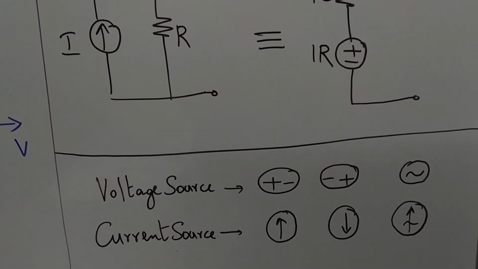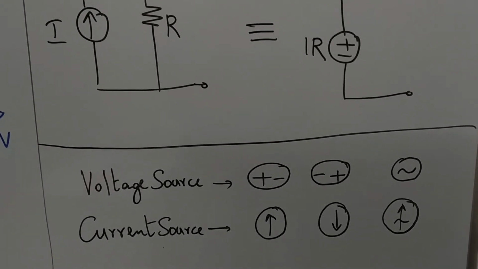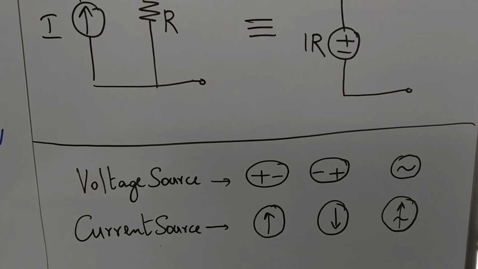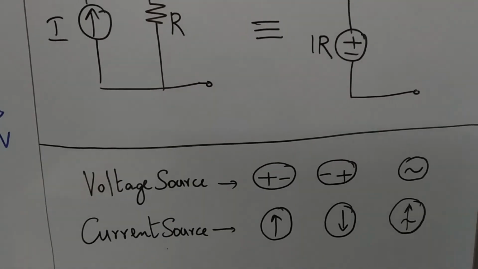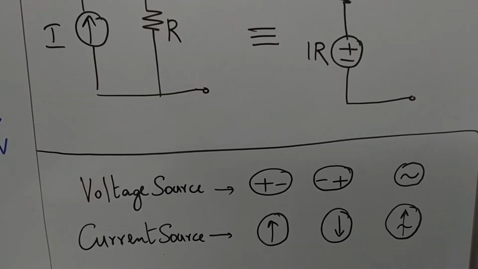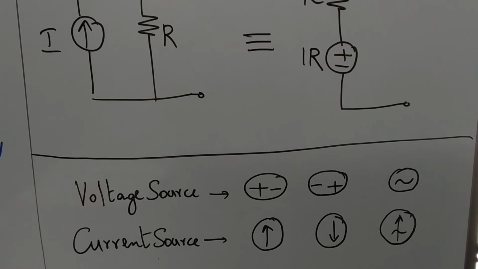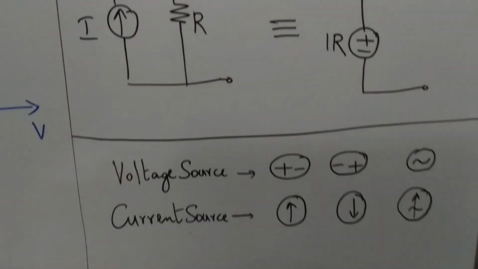Current source depends upon the direction of current flow. It can be an upward arrow or downward arrow. In order to show it's an AC, we put a sine wave. These notations are used if the sources are independent sources. The value which it provides doesn't depend on other circuit parameters. All are put inside a circle.